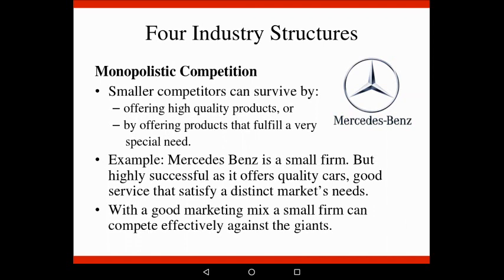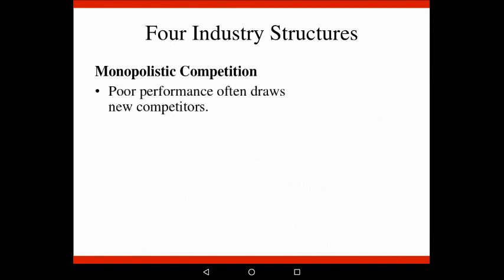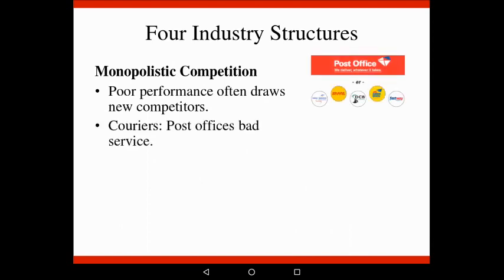With a very good marketing mix, a small firm can compete very effectively against the big boys. In the car industry, the big giants are companies like Toyota and General Motors. Poor performance will often also draw new competitors, like the post office has been giving very bad service in South Africa, right?